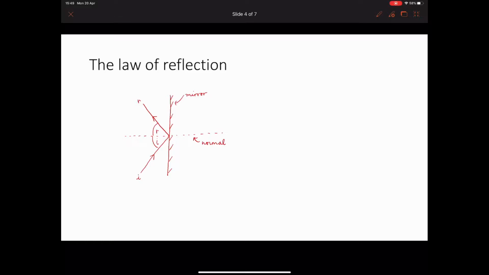And that would be true for any ray that we were shining at a plane mirror, because that is the law of reflection. So formally, the law of reflection states that the angle of incidence is equal to the angle of reflection.